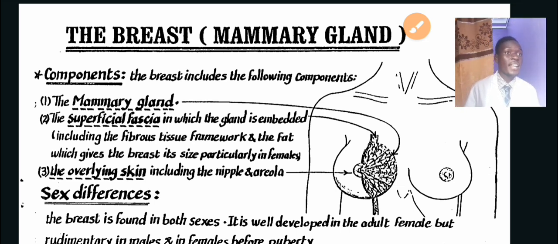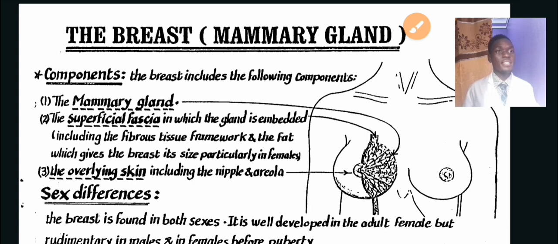That is the mammary gland, which is made up of the parenchyma, which secretes the milk. It is also made up of the superficial fascia, which is basically made up of the fat and the fibrous tissue. It is in this superficial fascia that we find our mammary glands. So the mammary glands are embedded within the superficial fascia.